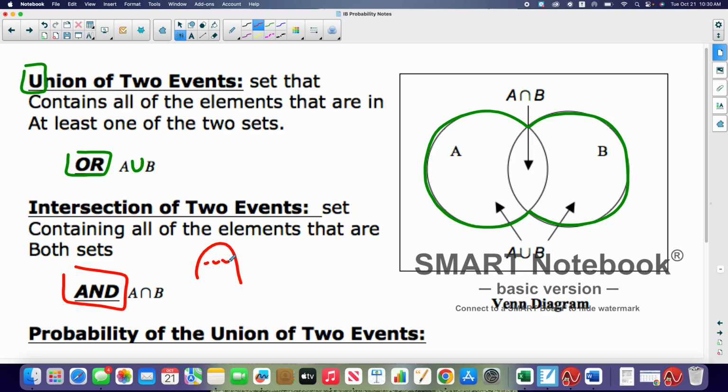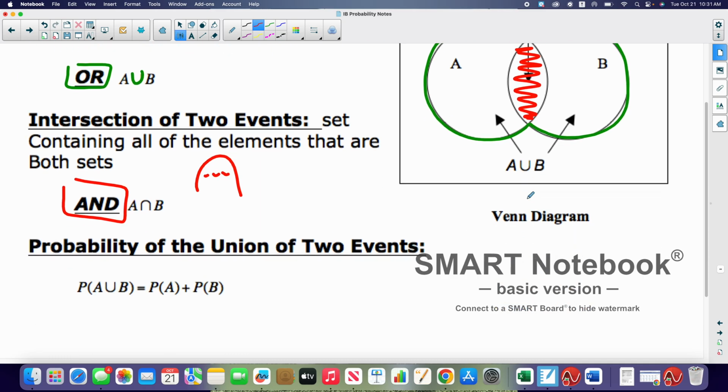A lot less, correct? Because in order to raise your hand on that one, you have to be both of those. So the both part is this intersection piece right there. So we have or, which all I have to do in an or statement is meet one of the requirements. I don't have to meet both. I just have to meet one, and I can raise my hand. In the intersection, I have to meet both requirements to do that.